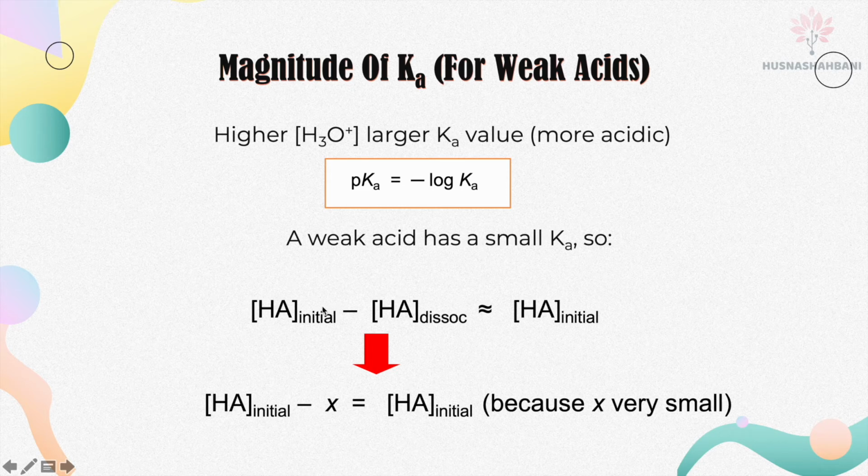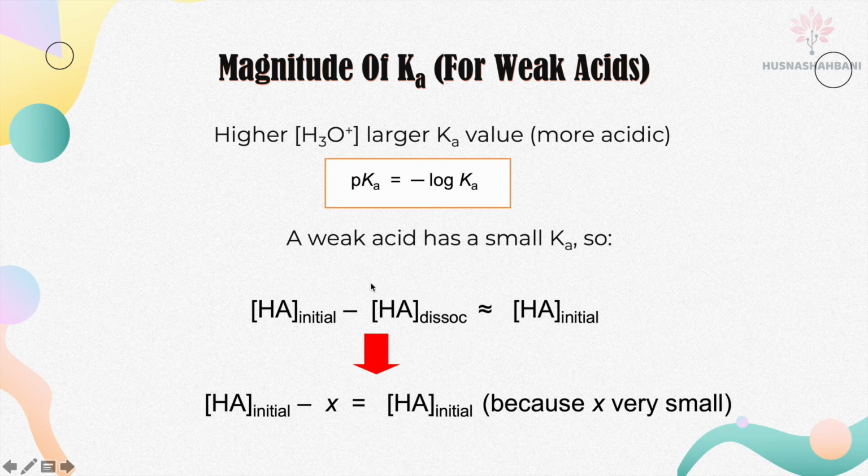So the initial concentration of acid minus the concentration of acid dissociated is almost the same as the initial concentration of acid, because the change in concentration, the acid dissociated, is very small.